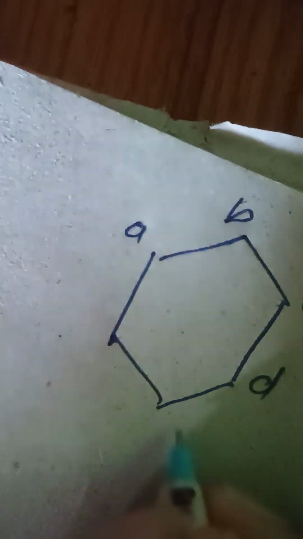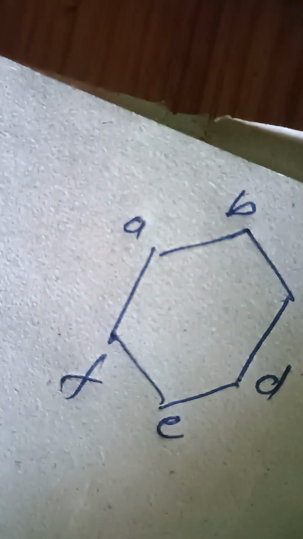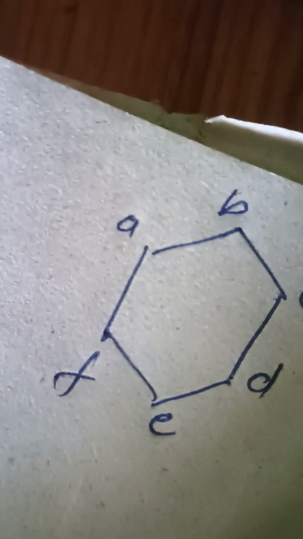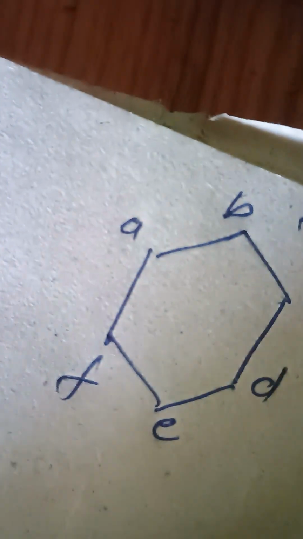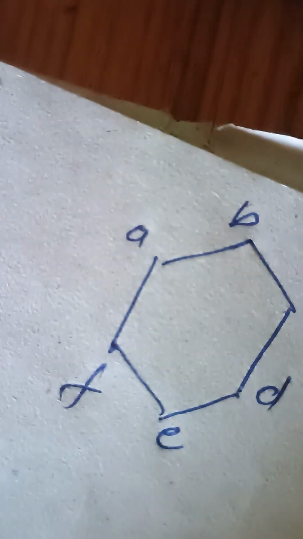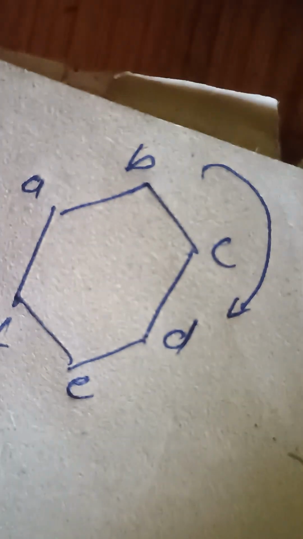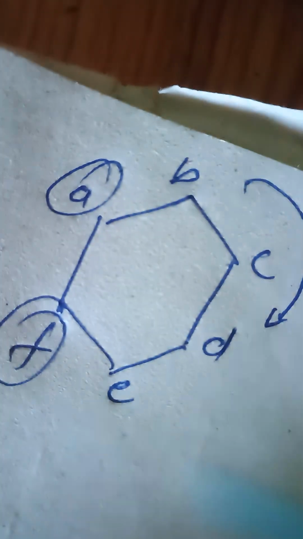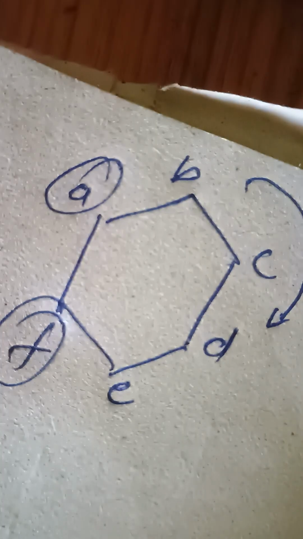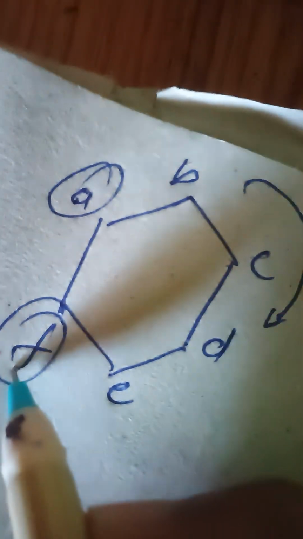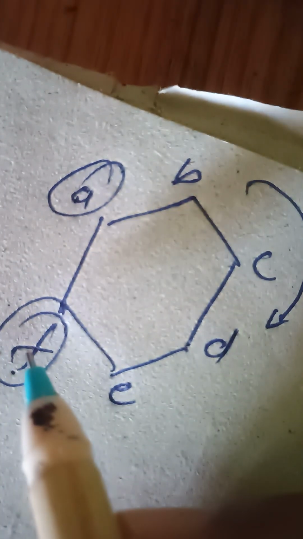You can notice A B C D E F. In the start I told you that you have to focus on the clockwise direction. Why is it given? There will always be a fixed scenario: the starting side will always be adjacent to the last vertex. A and F will always be adjacent.